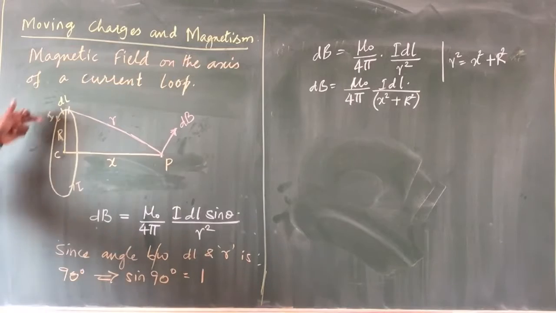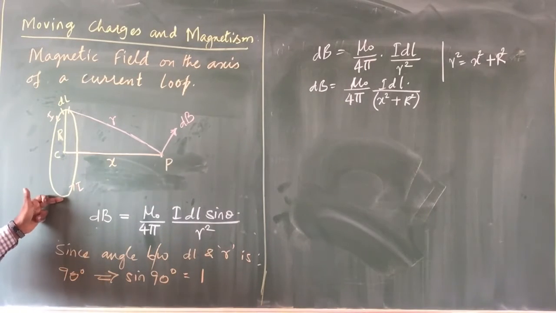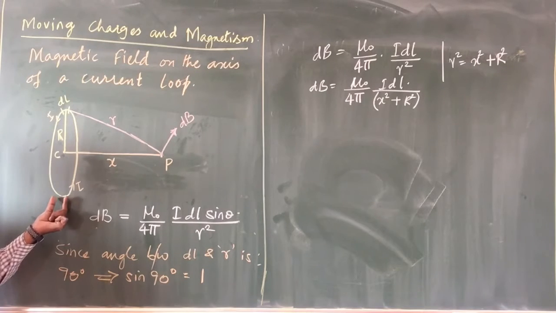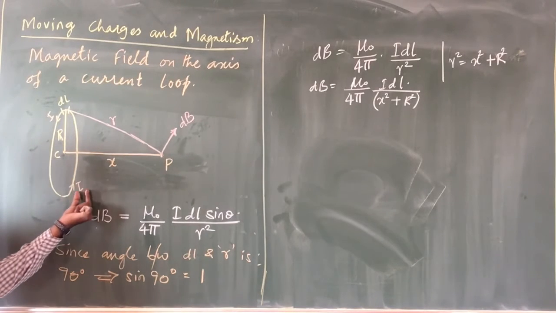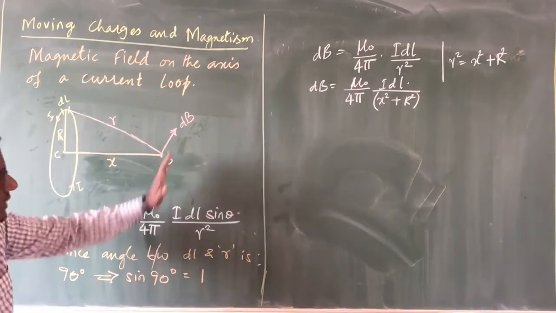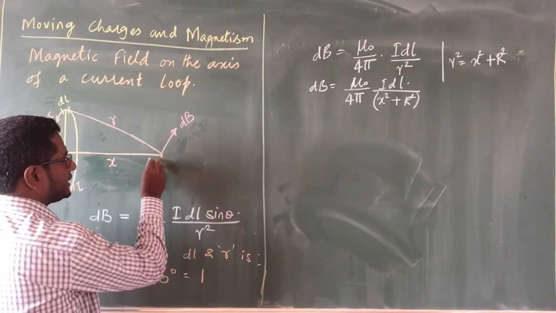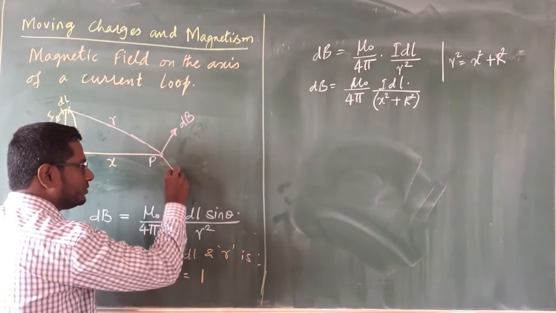Now the same current will flow here and it will go into the board at this point. We can take another dl element here, and when the same current flows into this dl, there will be another magnetic field produced at point P. The direction of that magnetic field is going to be like this.